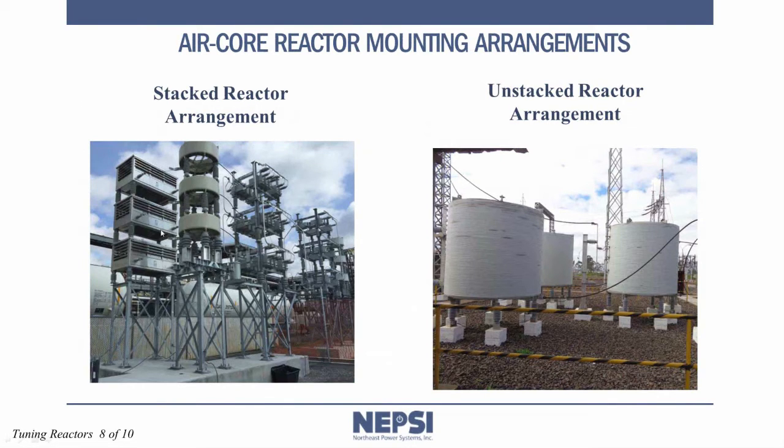What you see here is high pass resistors stacked up alongside a set of air core reactors and then an open rack capacitor bank. In some cases the reactors get so large that you need to put the reactors down at ground level. So you can see there's a lot of area associated with this application.